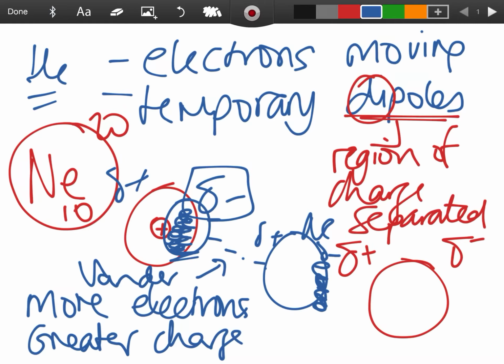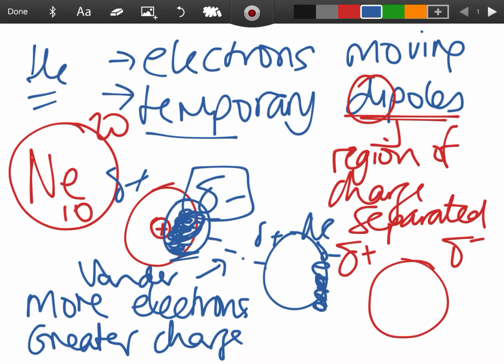Okay, then what we're going to say about the van der Waals that arise there now is that they're much stronger. They're much stronger van der Waals because you've got a greater temporary dipole in neon. Why do you have a greater temporary dipole in neon? More electrons, greater temporary dipoles because the charge is greater here.